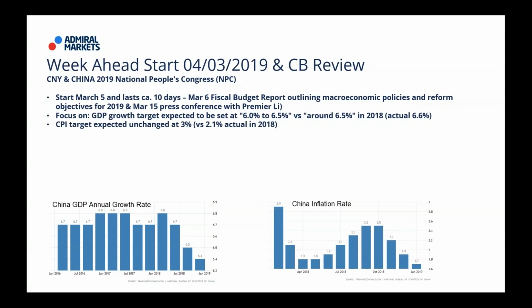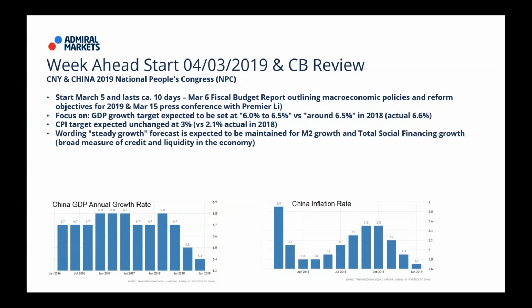Okay, CPI target is expected to be held unchanged at 3%. Actual, supposedly it came in at 2.1% in '18. In terms of wording, the steady growth forecast is expected to be maintained for M2 growth. That's a measurement of money in the system, M2. You can Google it.